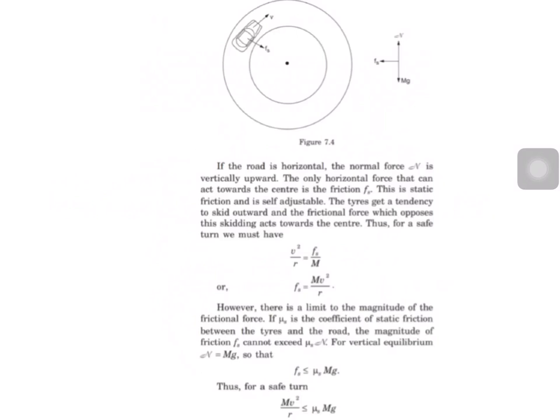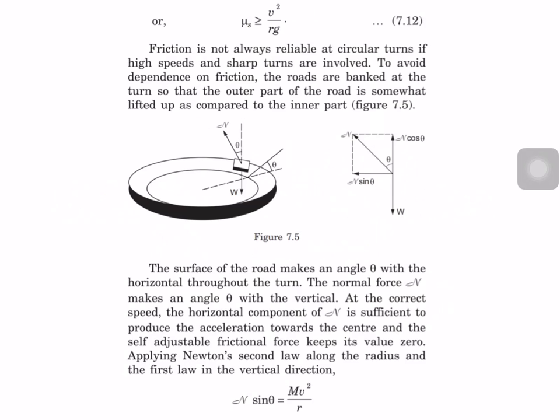So the frictional force provides the centripetal force mv square by r, and according to the condition for skidding, the static friction Fs is less than or equal to mu s into mg. If the two are equal, compare the two equations, you get mv square by r less than or equal to mu s into mg.